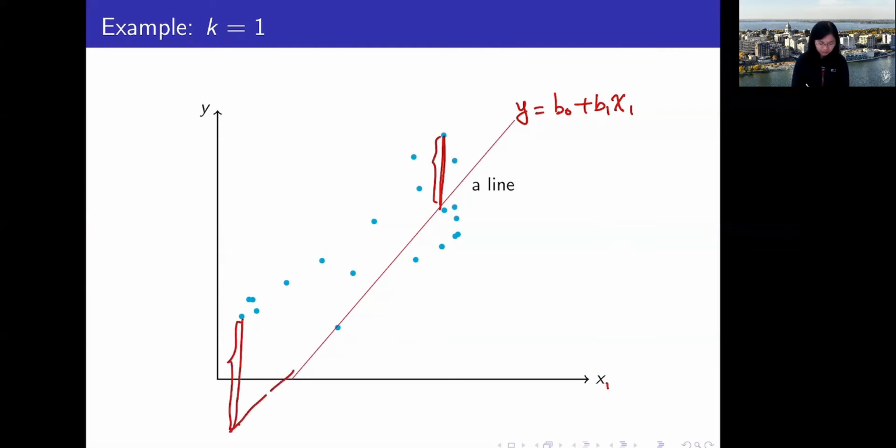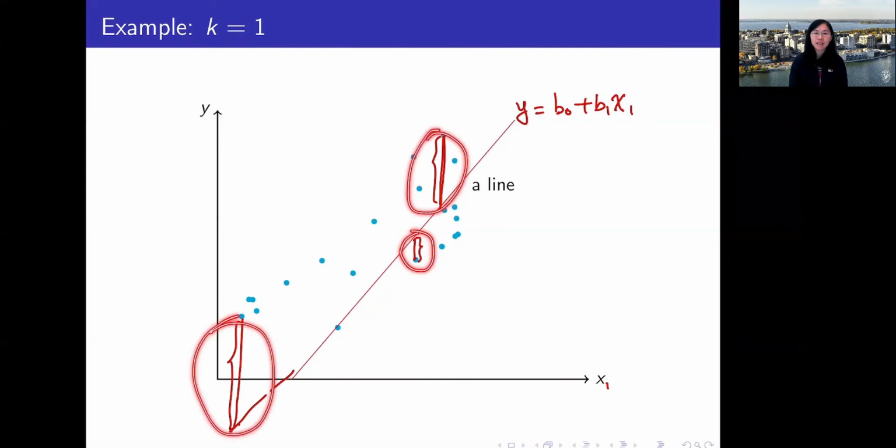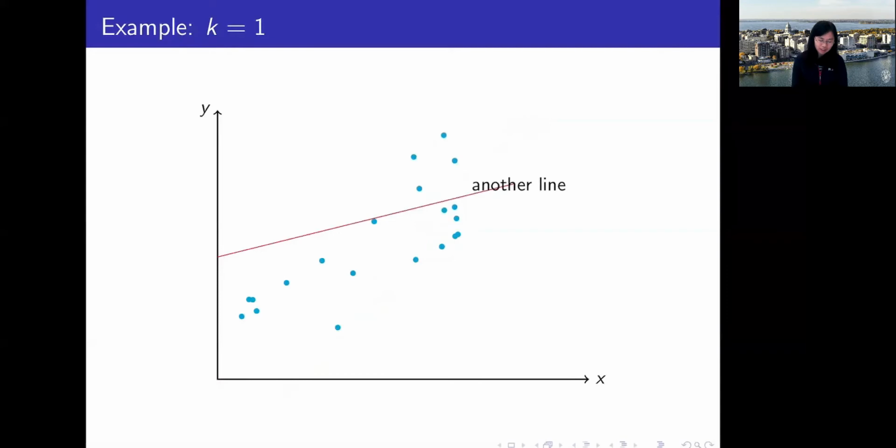And every point has an approximation error to this line. And if you square all of these line segments and add them up, that is your least squares criterion function. Does this line minimize that sum of squared differences? Well, this line doesn't. You can draw another line.